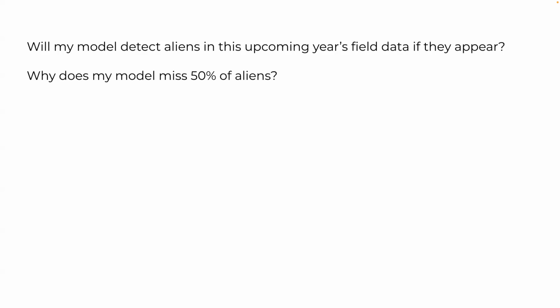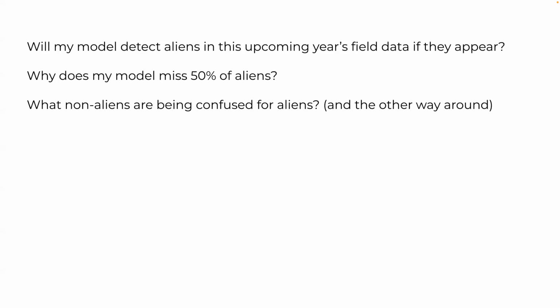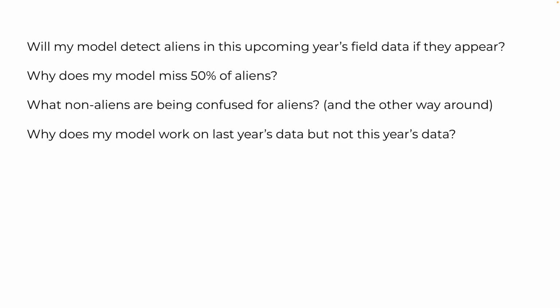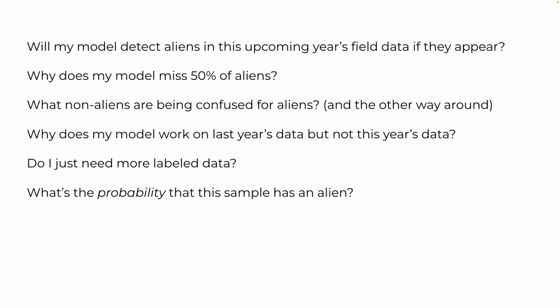So why does my model miss 50% of the aliens? What non-alien things in my data are being confused for aliens, and the other way around? Why does my model work on last year's data, but it doesn't work on this year's data? What changed? Do I just need more labeled data to make my model better?